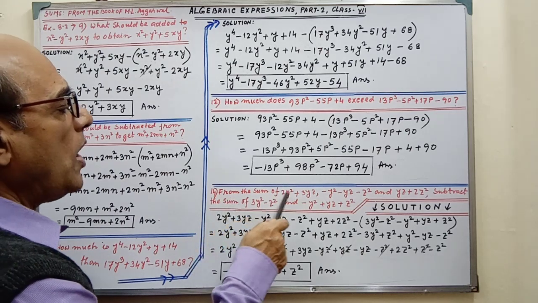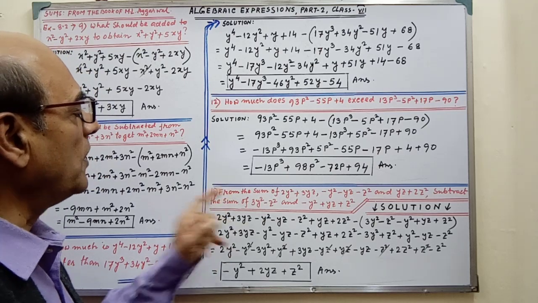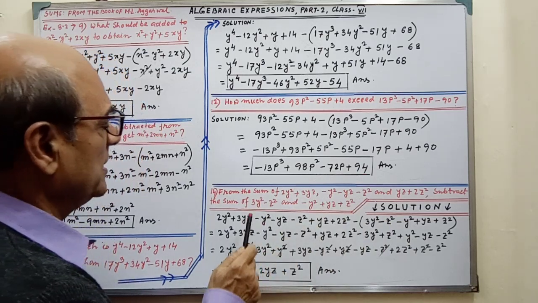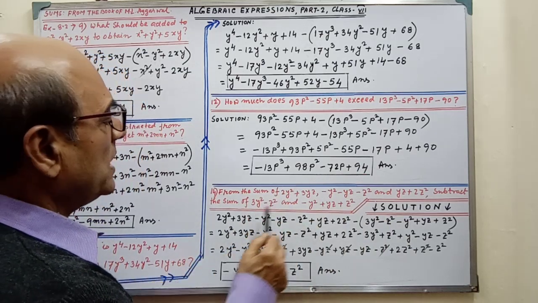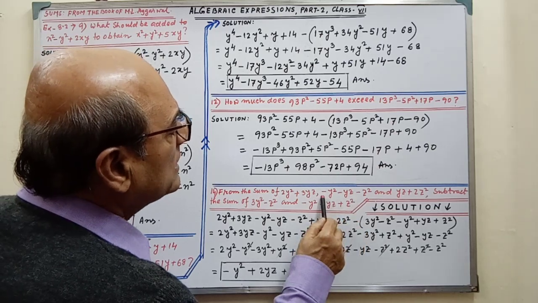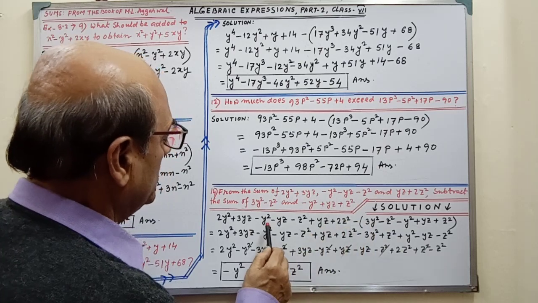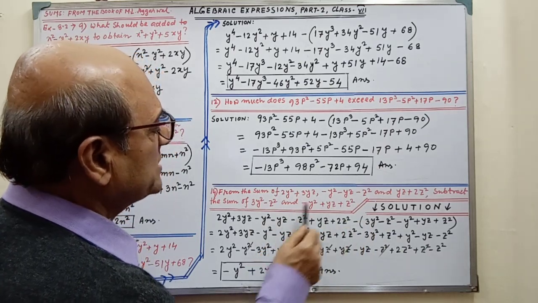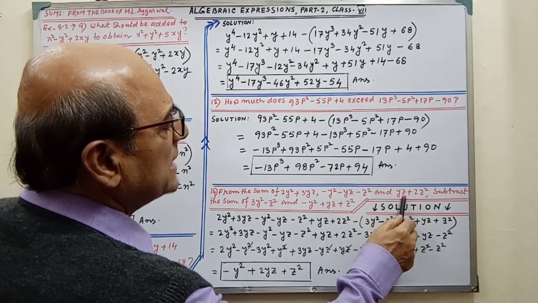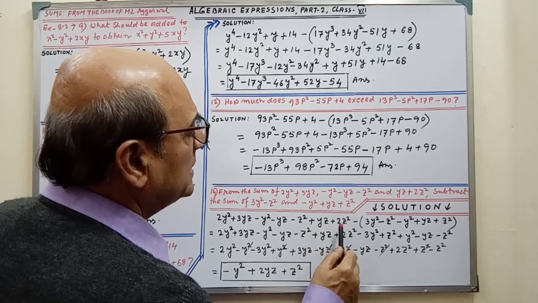From the sum of this, this and this. Here it is given from. First we have to add these three expressions. Adding 2y square plus 3yz. Then in case of adding, the sign will not be changed. Just we have to write the expression. After writing the first expression, then we have to write this expression and putting plus sign, the third expression we have to write in this way.